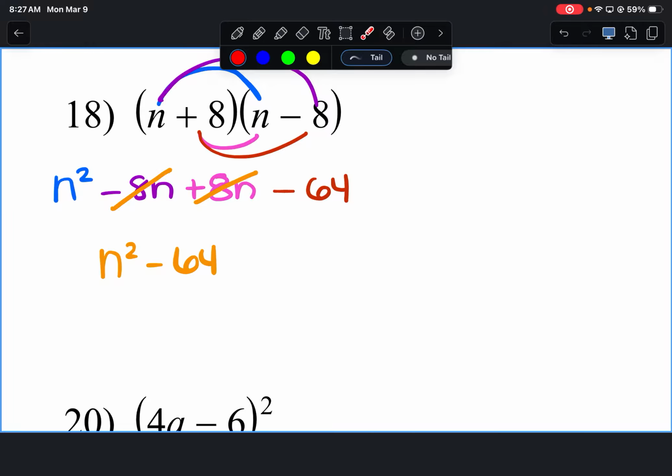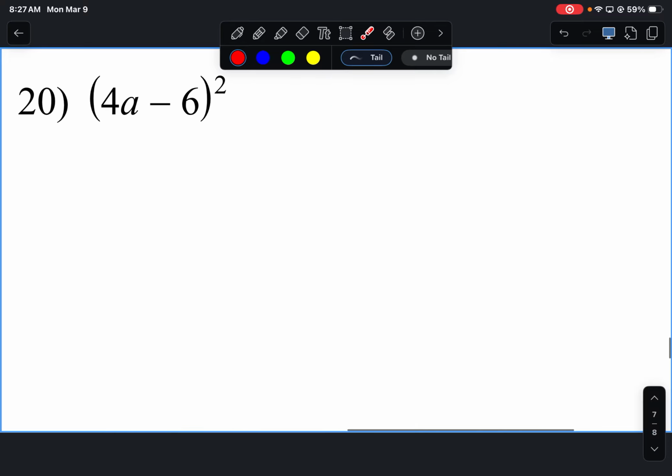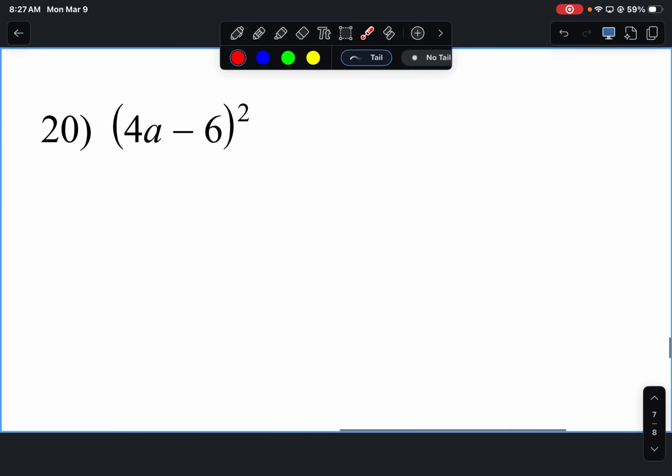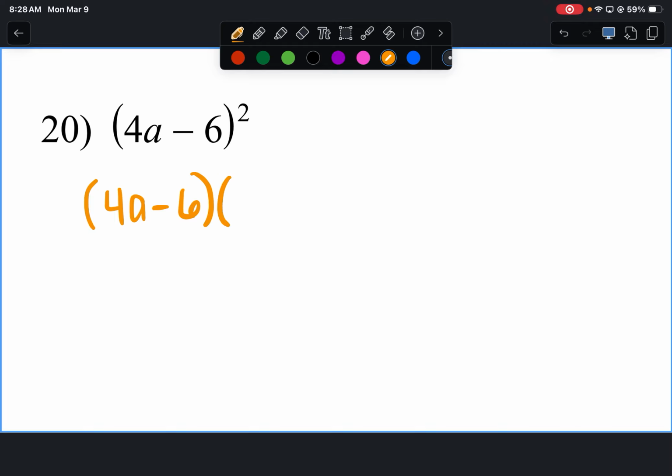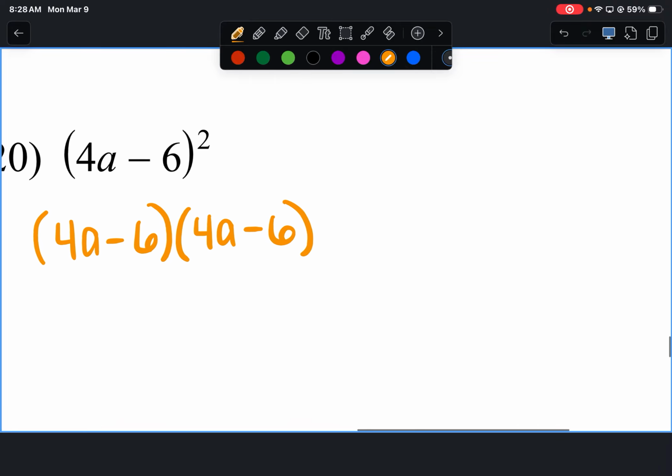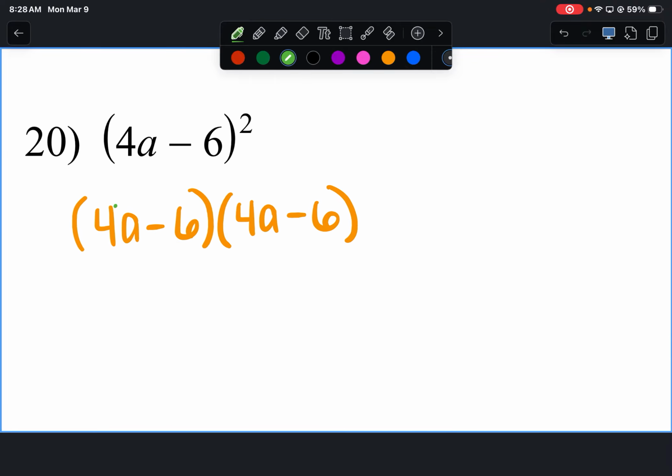All right, number 20. When we are squaring something, what are we doing? You are actually multiplying it by what? So that is the same thing as saying 4a minus 6 times 4a minus 6. So what do I need to do from there? Distribute the 4a. 4a times 4a is 16a squared. 4a times negative 6 is going to be?